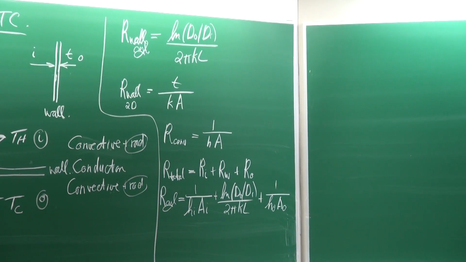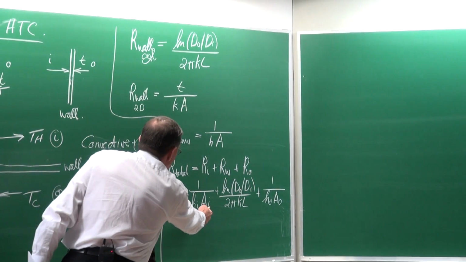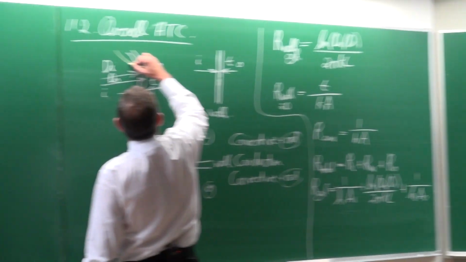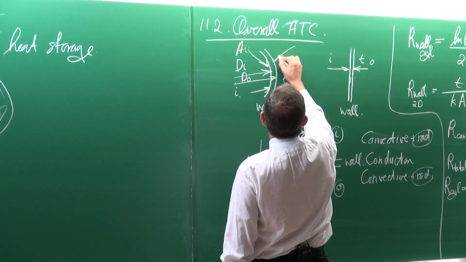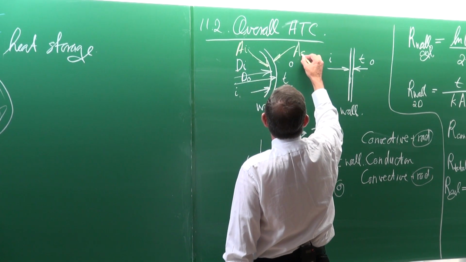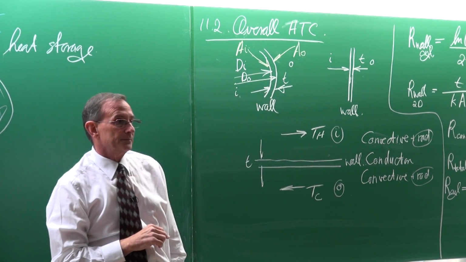Okay, to be clear, the area on the inside would be that surface area there, and the area on the outside would be that surface area.